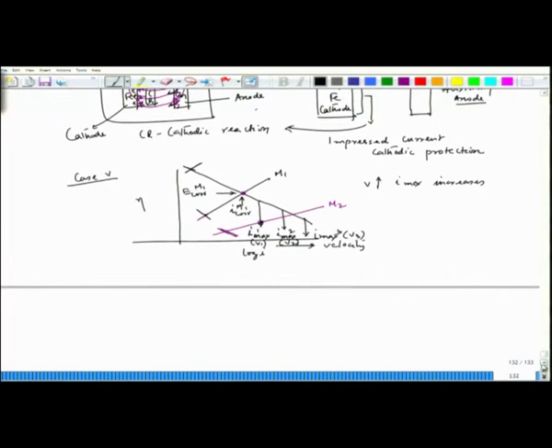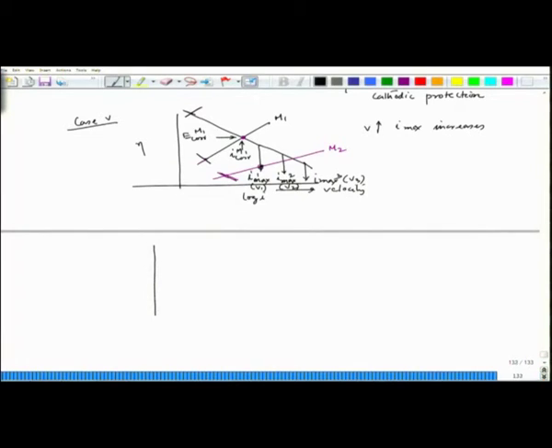Since that time, this is the point where IA equal to IC.